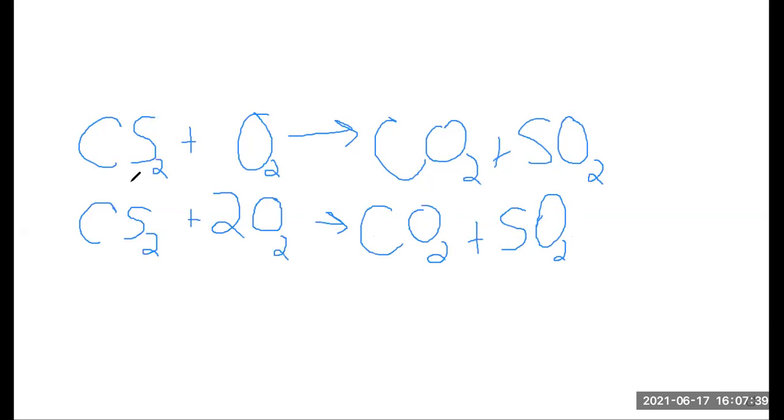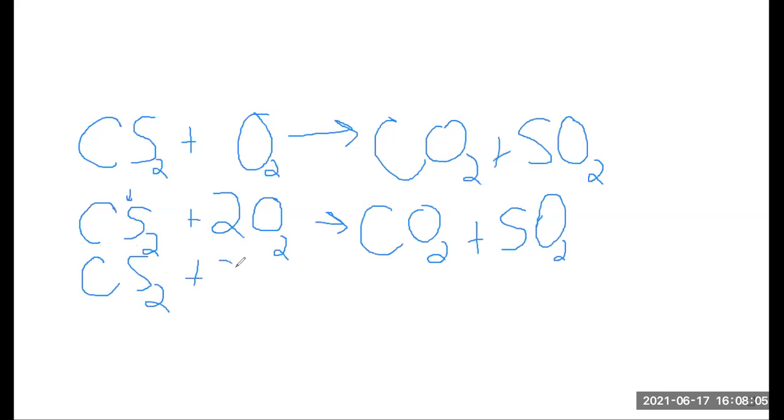If you look over here on the left-hand side where we have CS2, I've got 2 sulfurs. That means I'm going to need a minimum of 2 sulfurs back on the right-hand side. So again, this is me tinkering back and forth, trying to achieve an optimal way to balance it.